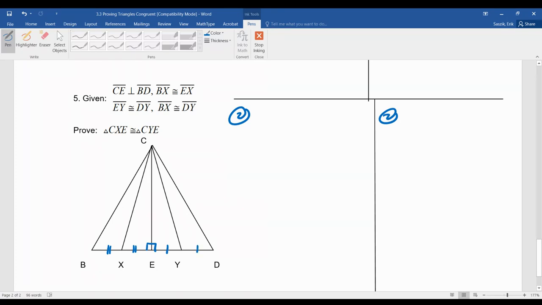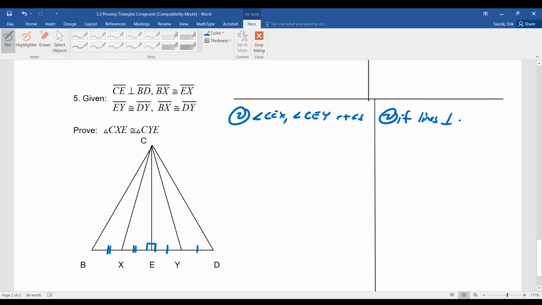And then it also says, and I'm not going to mark this, look at that last given. It says that BX is congruent to DY. So if this is congruent to this, you could really say that all 4 of these are the same, right? This gets a little bit messy. Let's take care of these angles first. Let's go ahead and say the angle CEX, comma, angle CEY are right angles. Again, this is from the gold sheet, reason 10.